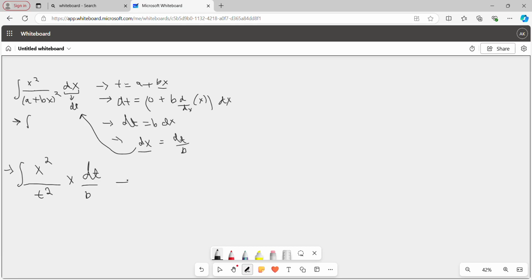I can rewrite this integral as 1 by b, because b is a constant here, times integral x squared by t squared dt.